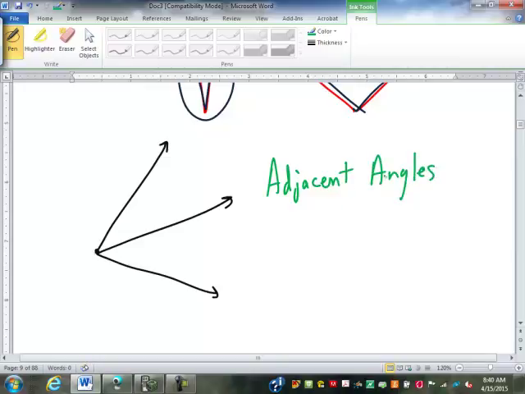In this case, there are several angles formed. There's this angle and this angle here, but there's also the larger angle formed, and of course all the angles that could wrap around the other way. We're going to concentrate for now on the smaller of the angles, in this case the acute angles. I'm going to call this angle A, this angle B, and this bigger one out here, angle C.